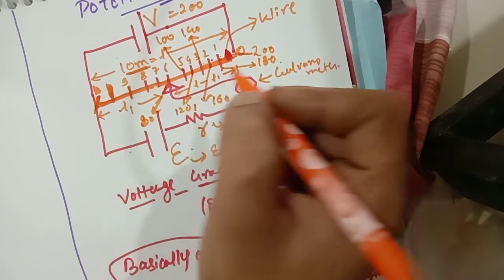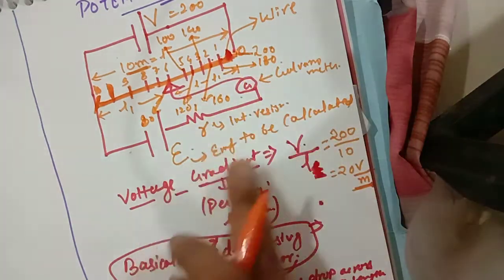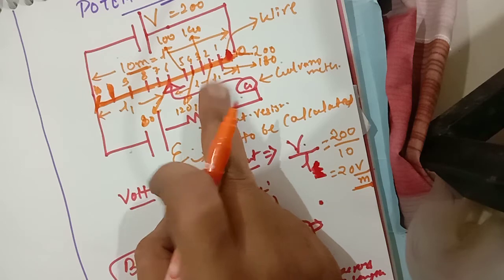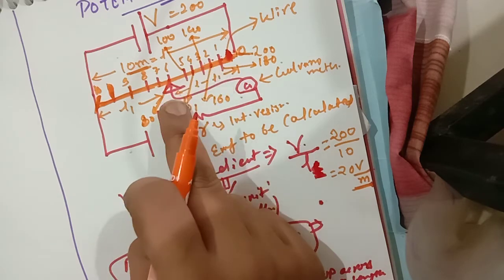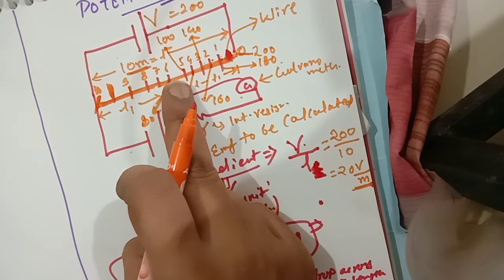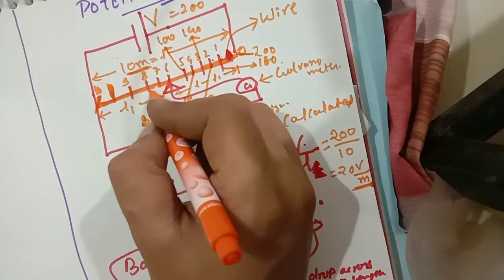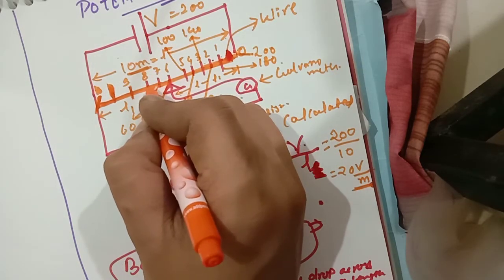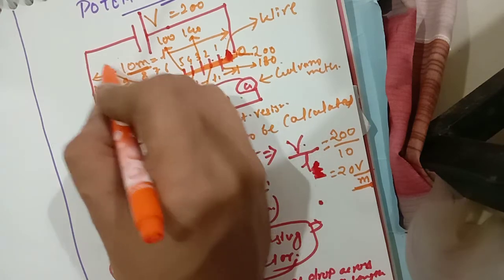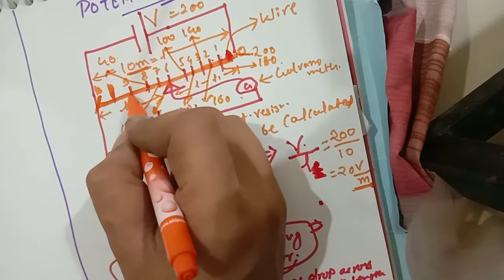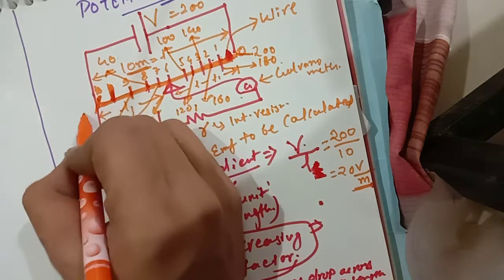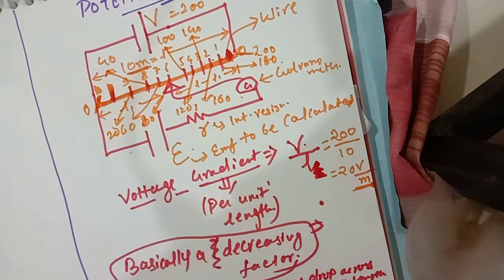Sorry, right, have I done anything wrong? 80, 60, 40, 20, and it is 0. Okay, right, 60, 40, 20, and it is 0.